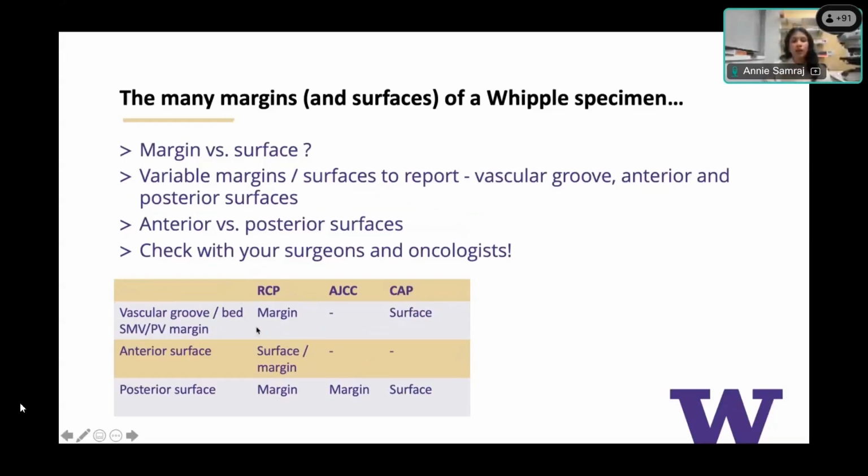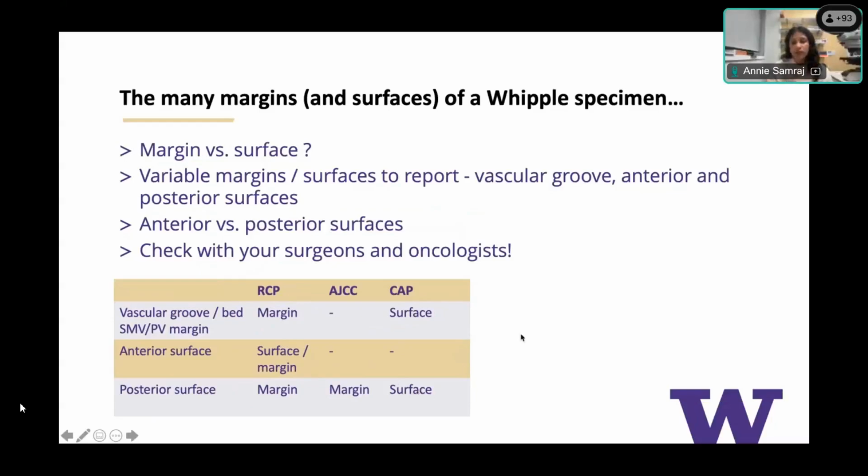And so for the Royal College of Pathologists, in the UK and in Asia for the most part, it is considered a margin, but here we treat it as a surface. And the anterior and posterior surfaces are considered margins by the Royal College of Pathologists, but the CAP considers them as surfaces.